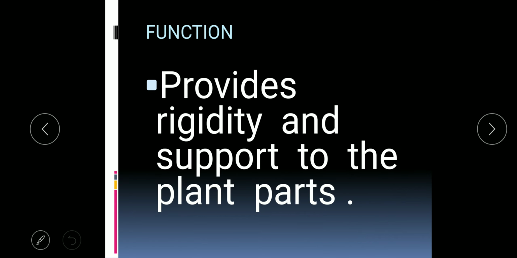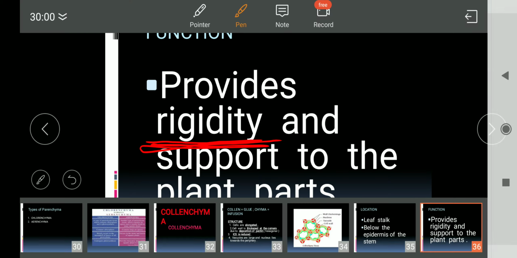Now what is the function of it? You must have observed that while you pluck a leaf, it does not easily come off. So a tissue is present over there, that is collenchyma, which provides rigidity to the plant parts. So rigidity as well as flexibility.